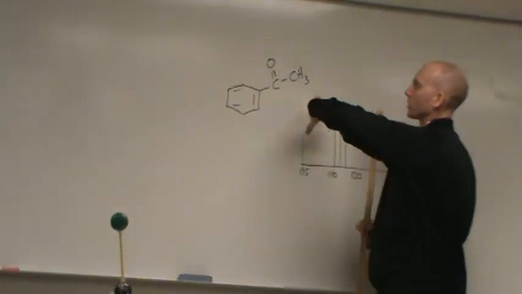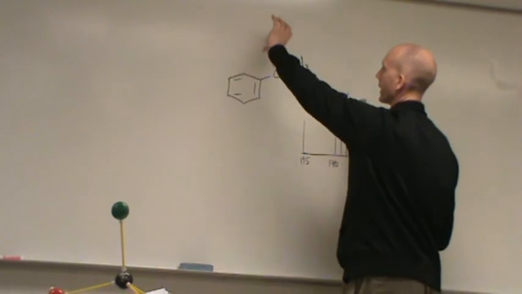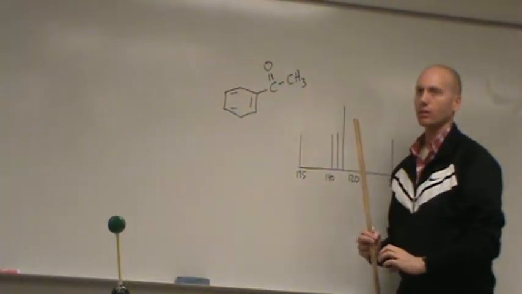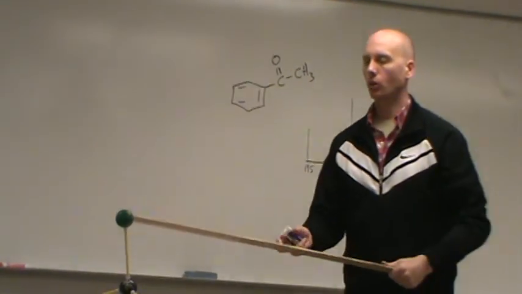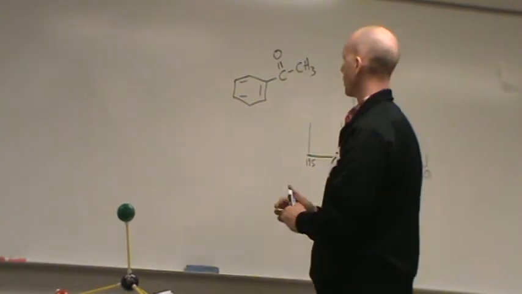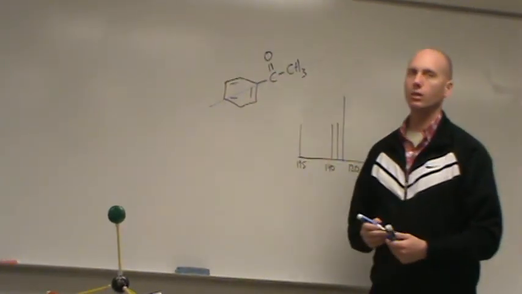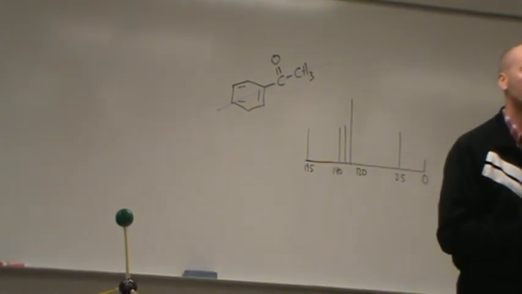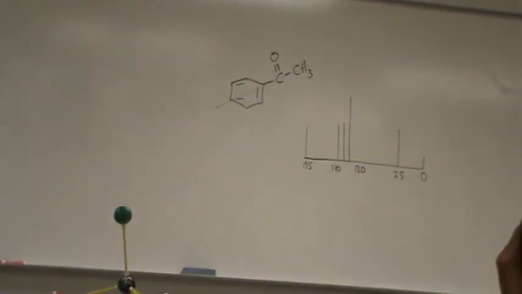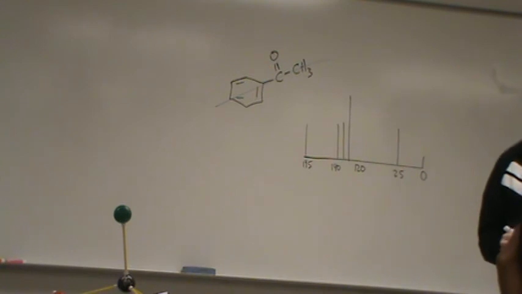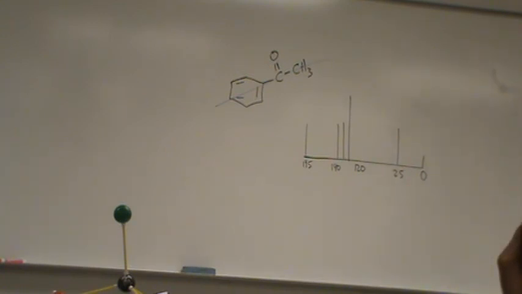So this oxygen averages out the same time there as down here. Okay, so I can draw a mirror plane right there. Okay, so something to keep in mind. That bond rotation can average that oxygen out.